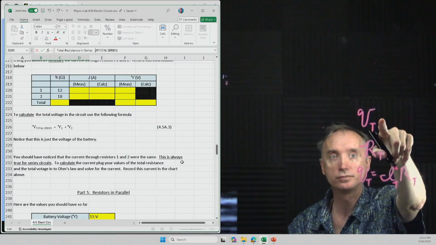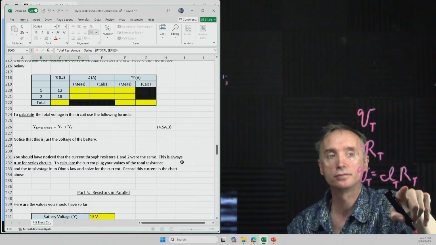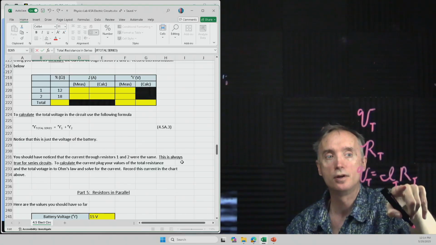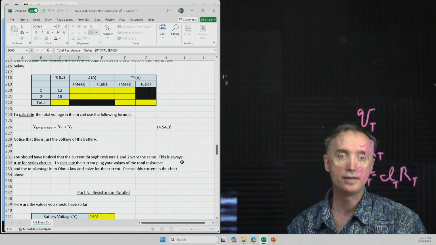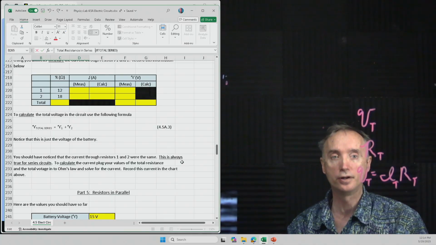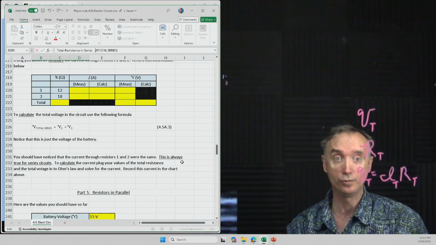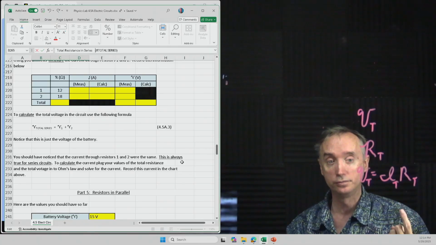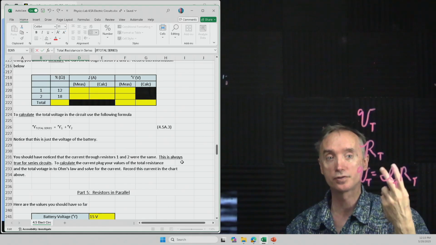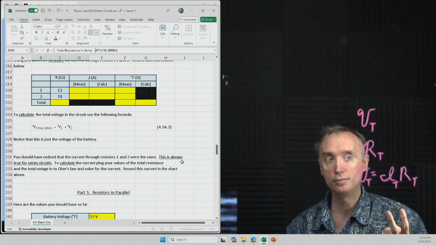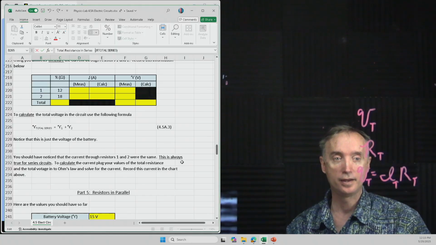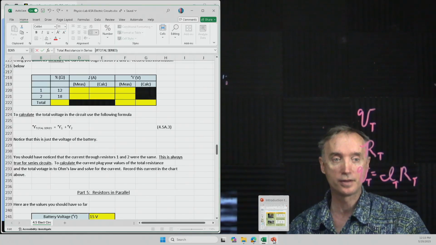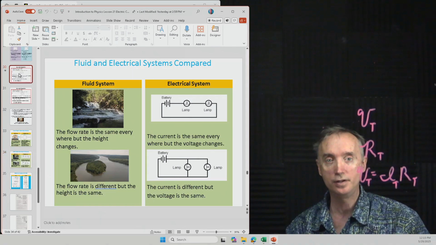Now, I know this, so I can take these two numbers, put them in there, and then solve it for the letter I. And then that is going to be the current in the system, because the current is the same everywhere. So current 1 is going to be the same as current 2, which is going to be this current that you're going to calculate. And if you're still confused about that, then remember, go back to here.